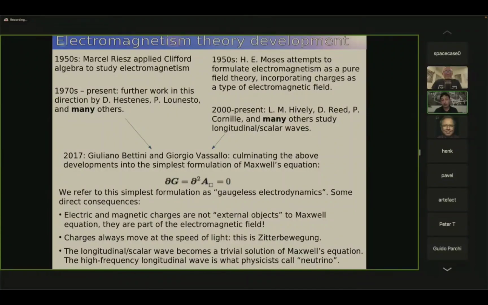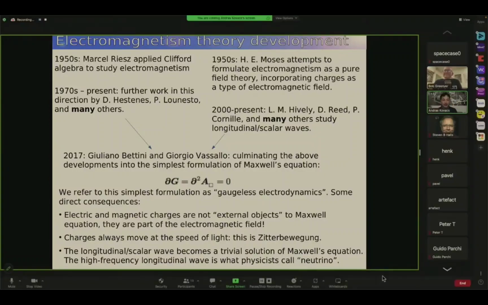I came to the conclusion that what physicists call a neutrino is in fact a high frequency longitudinal wave. So that's my perspective. And again, if someone's interested in the details, we describe in the book how I came to this conclusion. And keep in mind that so far all neutrino measurements show it traveling at the speed of light. There's never been any neutrino detection slower than the speed of light.